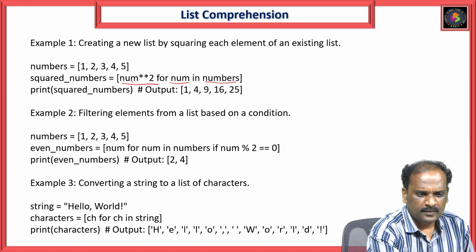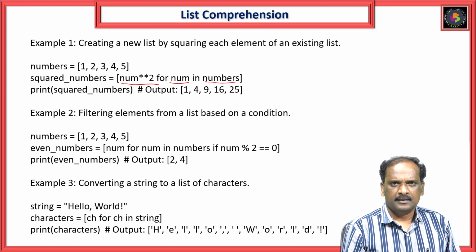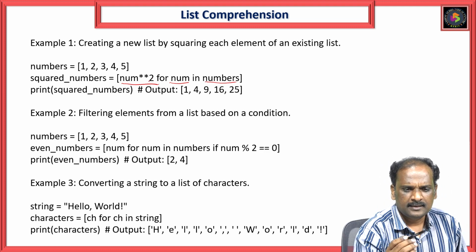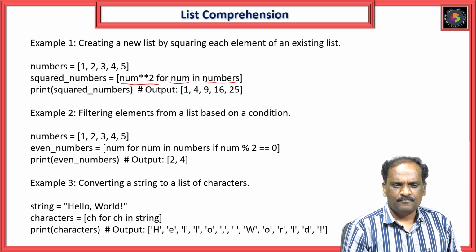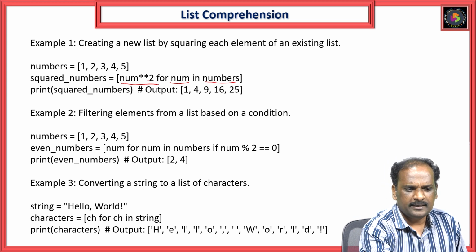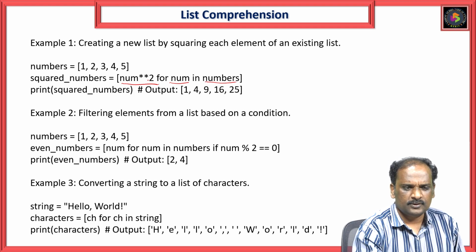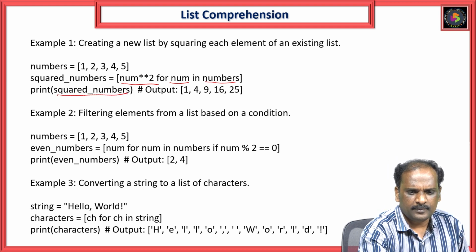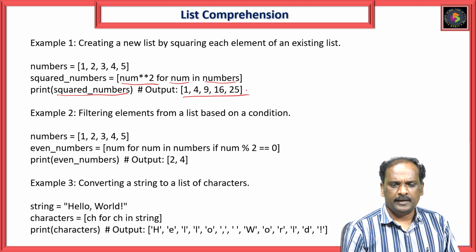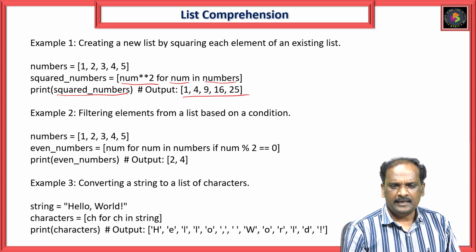Now each element is squared and stored in the squared numbers new list. So when we print the square numbers, you are going to see the output as 1, 4, 9, 16, 25 inside the square brackets.